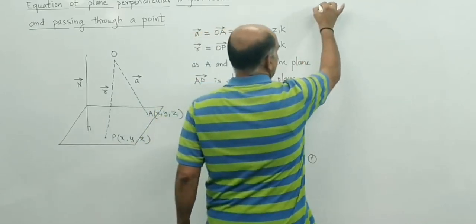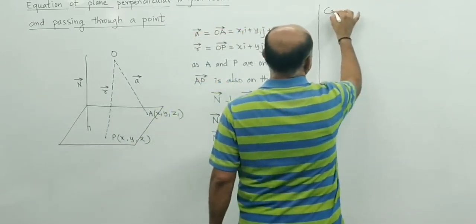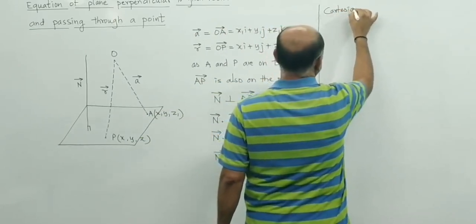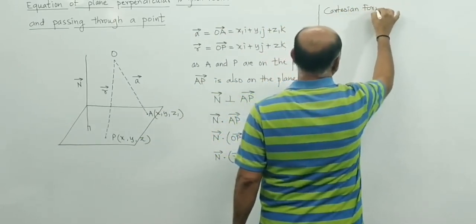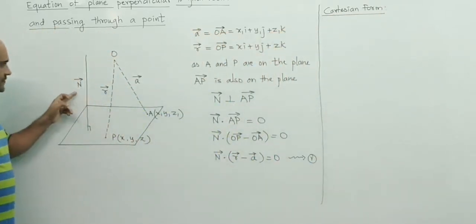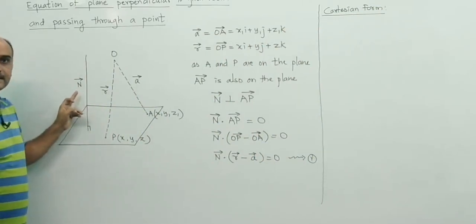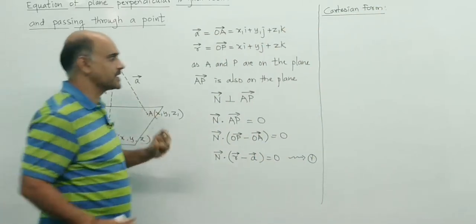Now, if I take it in Cartesian form, that means in terms of x, y, z. So n is a vector perpendicular to this plane. I will take its direction ratios as a, b and c.